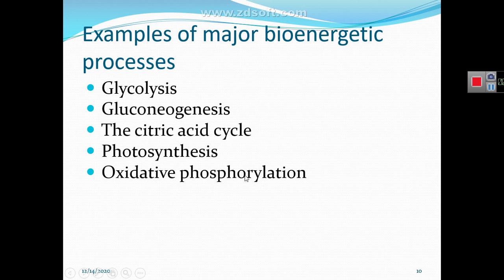Oxidative phosphorylation is another process that produces ATP from oxygen. Oxidative phosphorylation is also called cellular respiration, and it takes place in the human body. In our next lecture we will study how oxidative phosphorylation takes place in living organisms, how ATP can be synthesized from oxygen.